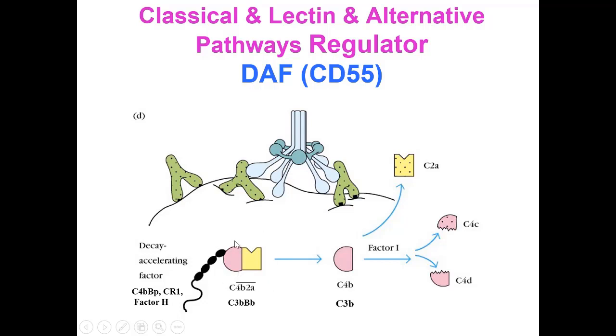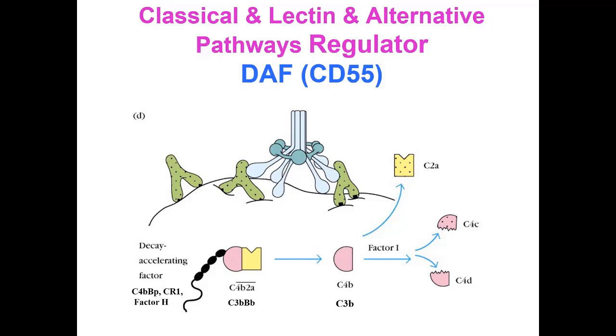DAF binds to C3 convertase in three pathways and dissociates, for example, in the classical pathway, C4b from 2a, and in this way can inactivate the C3 convertase in the classical pathway, or in the alternative pathway can dissociate C3b from Bb and inactivate the C3 convertase in the alternative pathway.